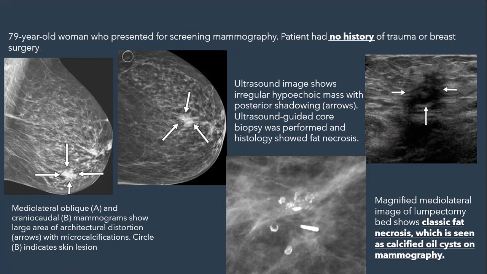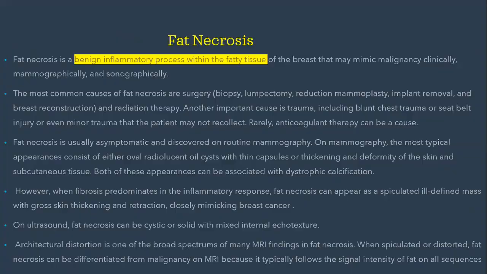But sometimes we proceed for biopsy to evaluate for fat necrosis. As you know, it is one of the mimickers of breast cancer, and definitely it is a benign inflammatory process.